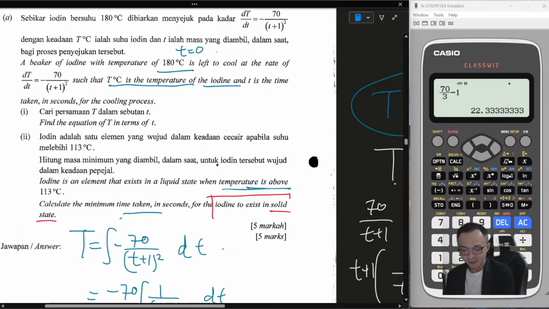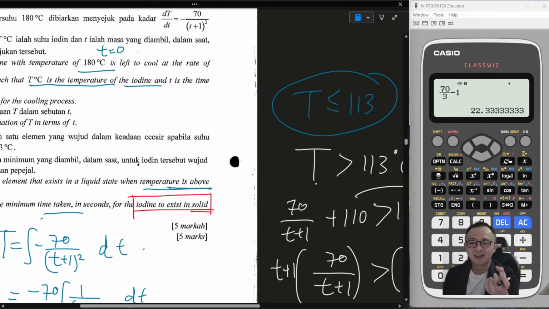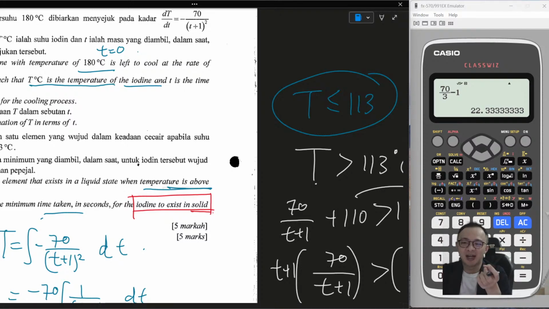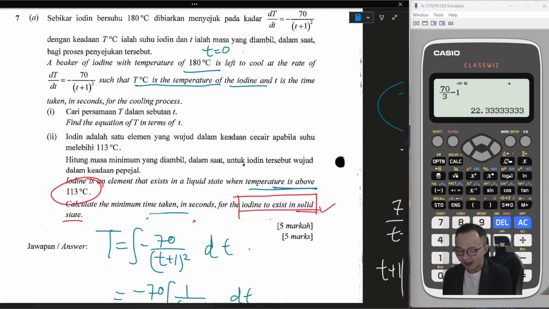Because this question is trying to tell us, you just imagine the ice. Maybe the ice, until a certain temperature, the ice will become a liquid, right? So here, it says it will become a liquid when it is above 113. But right now they want to know the minimum time taken when the iodine can still be in the solid stage.